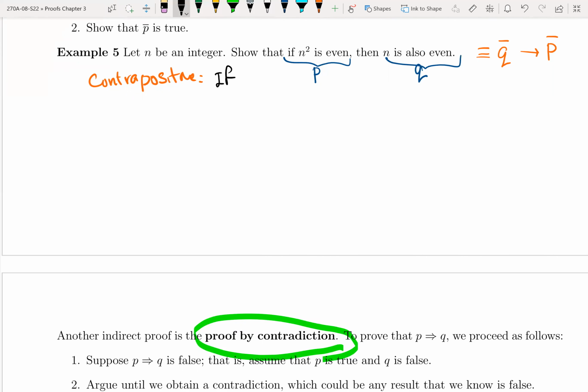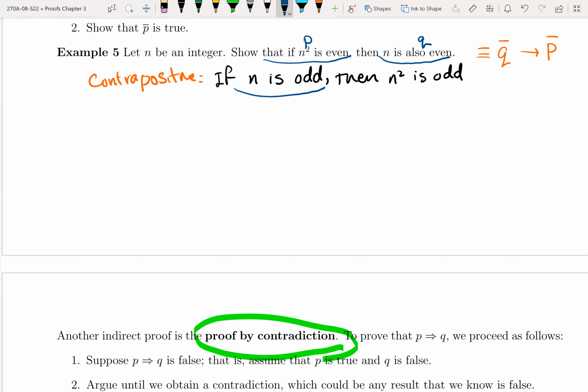No, read the statement and then rewrite. If n is not even, then n squared is not even. Can I write odd instead of not even? Agree? So this was the P statement, that was the Q statement.